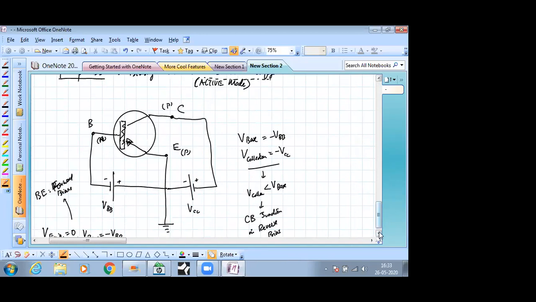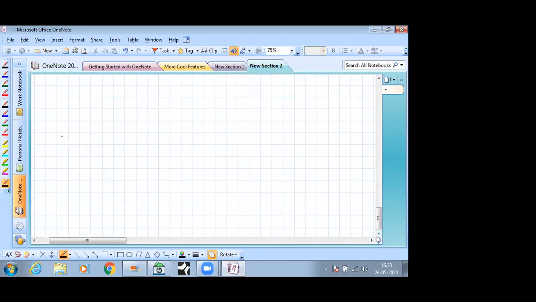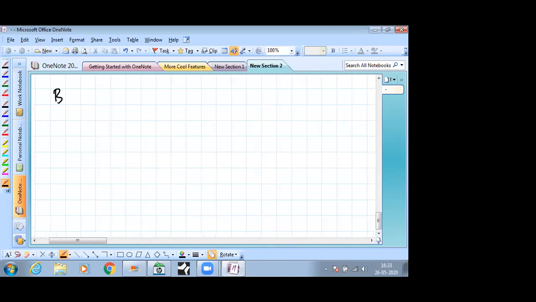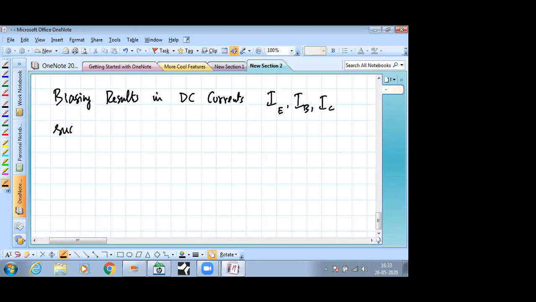Now once we connect this way, biasing results in DC currents, which we generally denote by the emitter current, base current, and collector current.